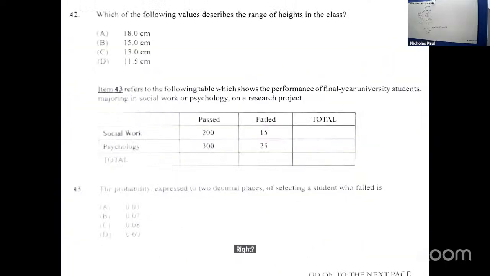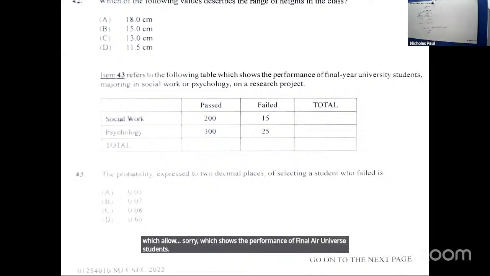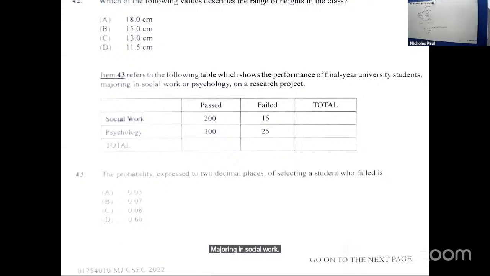Next one. Item 43 refers to the following table, which shows the performance of final year university students majoring in social work or psychology on a research project. What is the probability, expressed in 2 decimal places, of selecting a student who failed?